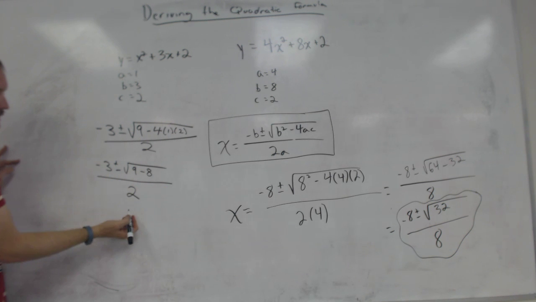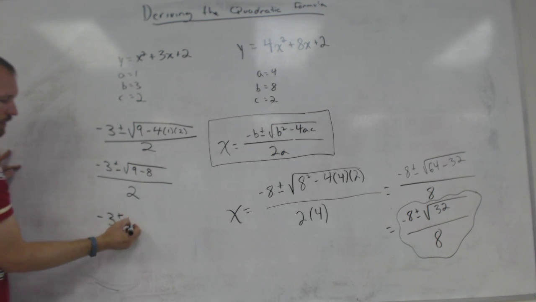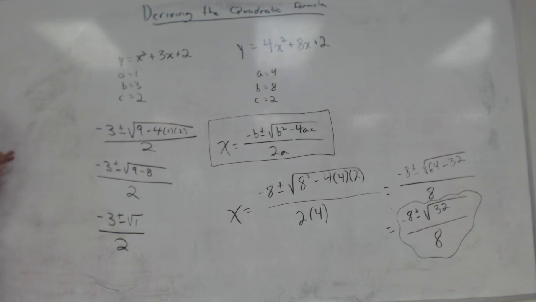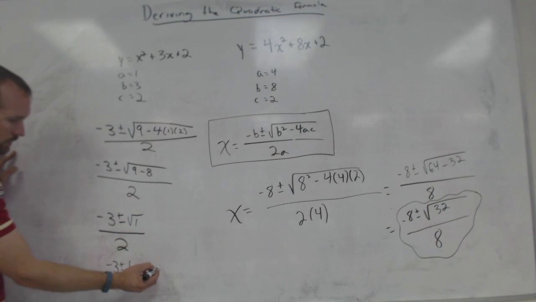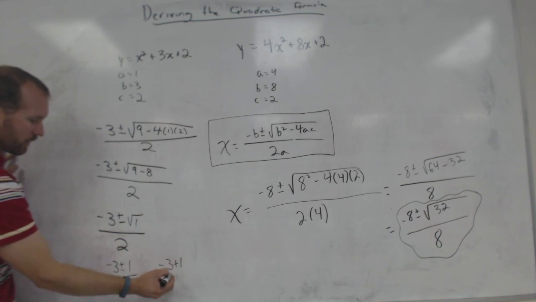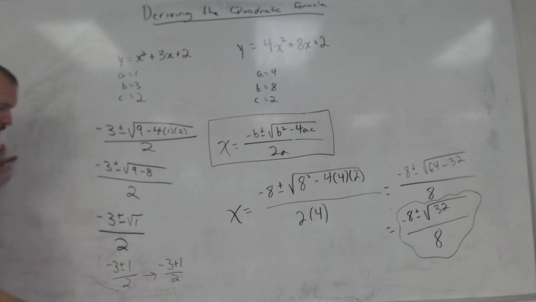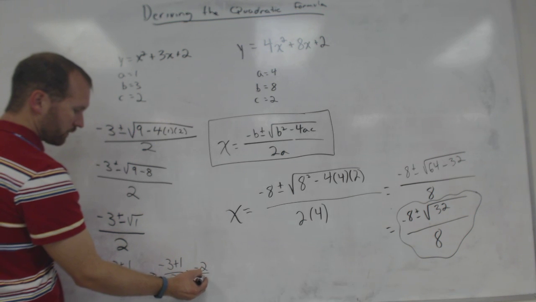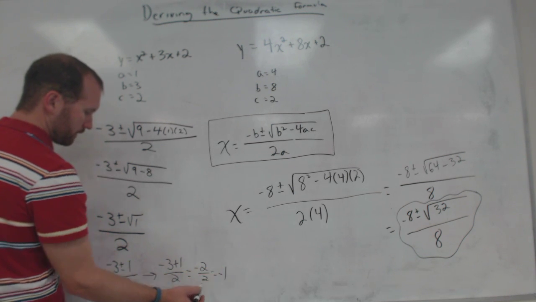Over 2. Oh, look at this. Square root of 1. What is the square root of 1? 9 minus 8 is 1, right? Square root of 1 is 1. So negative 3 plus or minus 1 over 2. Negative 3 plus 1 over 2 is negative 2 over 2, which is negative 1.